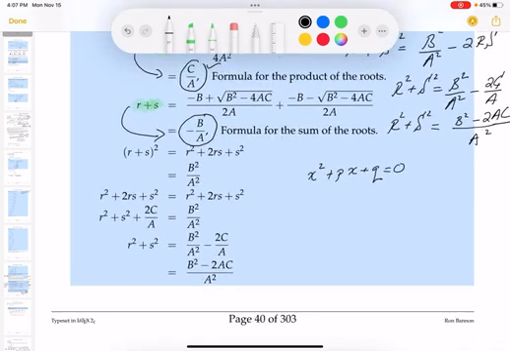So let's put this down. X equals, let's see, minus p plus or minus the square root of p squared minus 4q over twice a, which is 2.